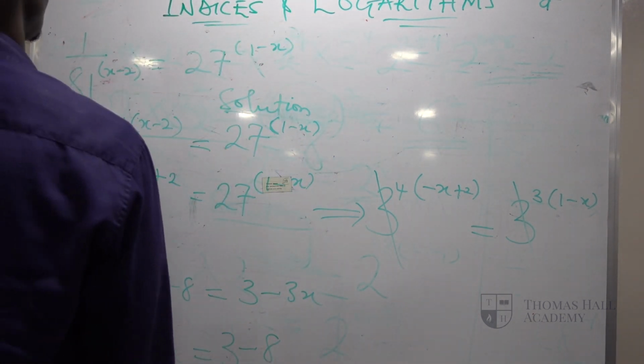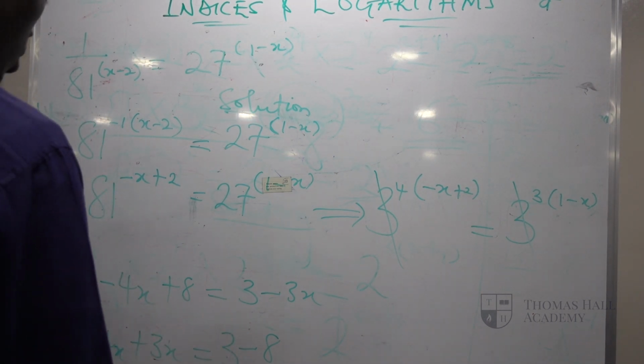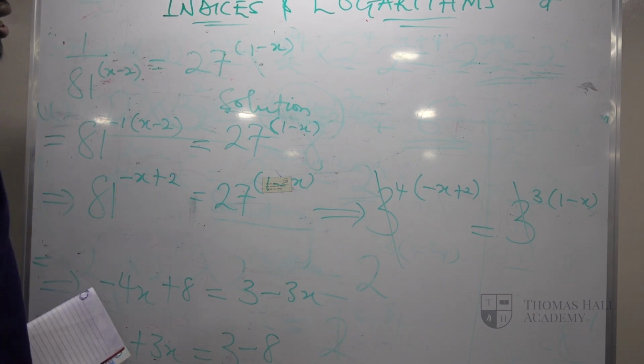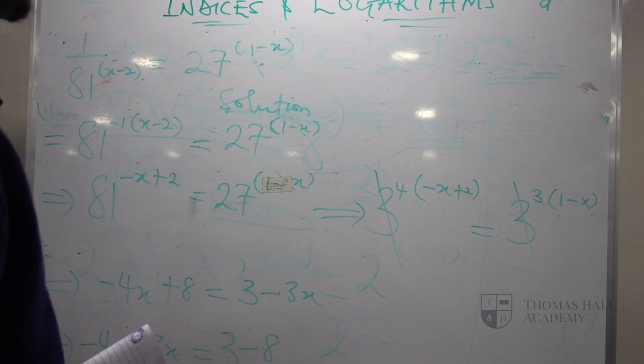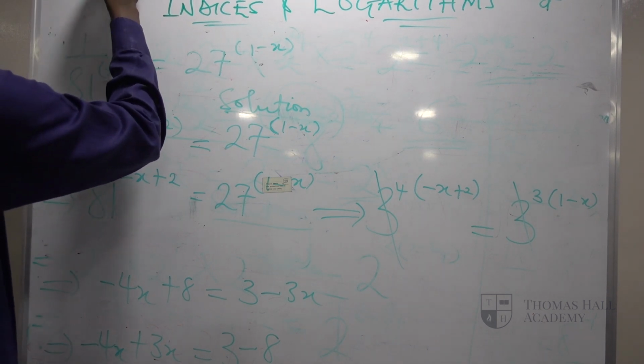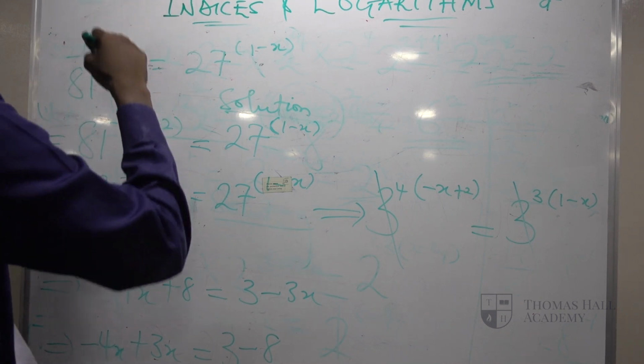But when the numbers are joined together by a division sign, you pick one base if the bases are the same, and then you subtract the powers. And I did mention that anything raised to power 0 is equal to 1. 1 million raised to power 0 is equal to 1.